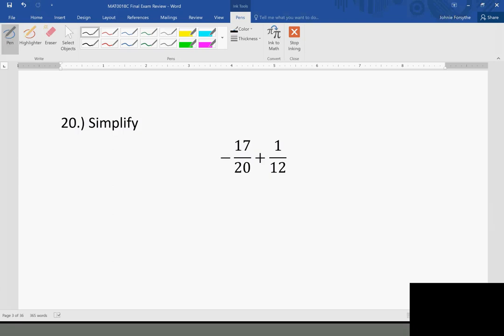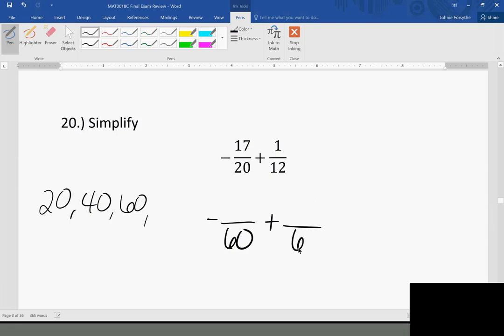So let's think about the 20. You have 20, 40, 60. 60 would work because 12 times 5 is 60. So let's change this to common equivalent fractions with the 60 denominator.